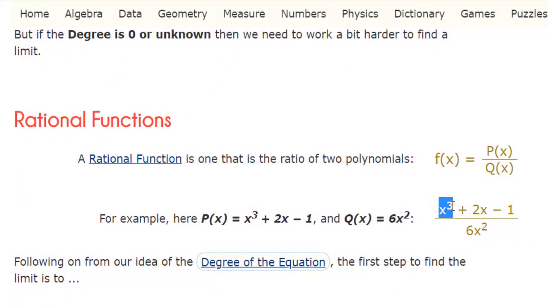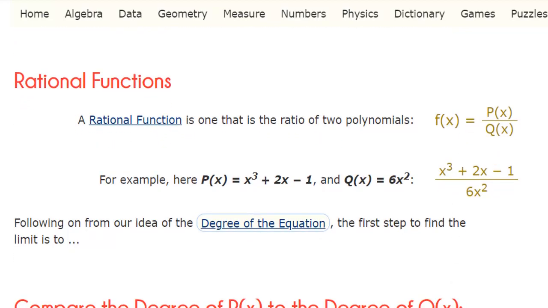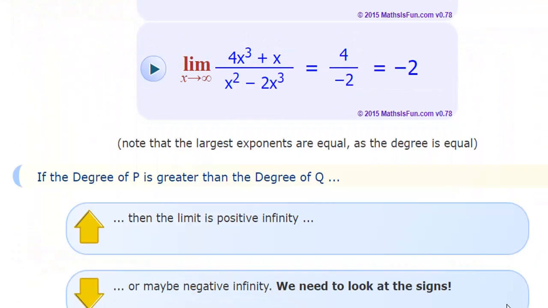Since kani higher man ang degree sa P kaysa Q, therefore, unsa may iyahang limit. So, ang limit niya is positive infinity. Since positive ang x cubed, positive ang x squared. Okay, so tan-awon ra ang largest exponent gihapon, then tan-awon ang signs. If dili pareho, negative infinity. If pareho, positive infinity. Okay?